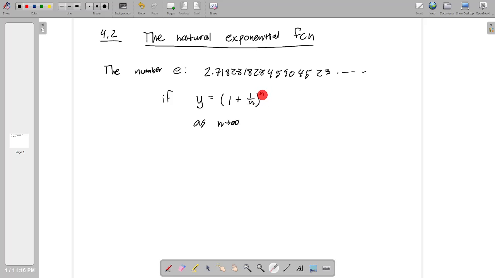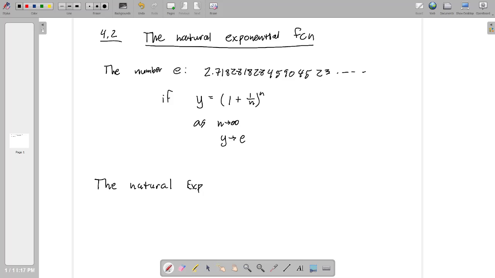So as the exponent increases, first of all, this number is bigger than 1, so this value will increase in value, but also this number is decreasing. So our base is decreasing as our exponent is increasing to infinity. Right, but as n goes to infinity, y actually approaches the number e, this number here.